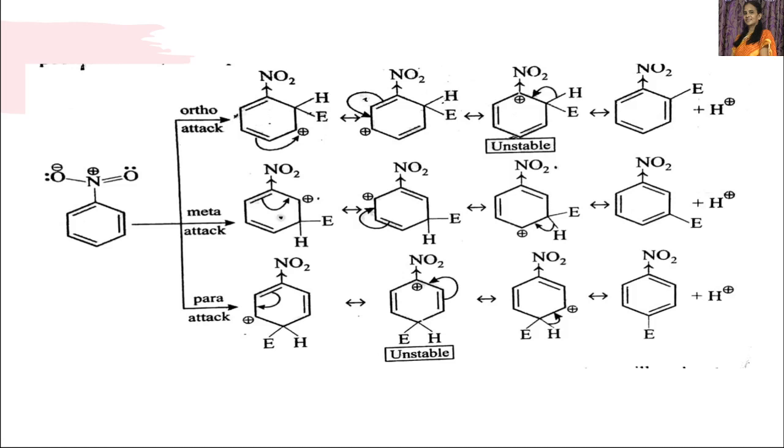In para attack, we come across an unstable structure, and in ortho attack also. Such an unstable structure is not present in the meta attack. Finally, this sigma complex loses a proton to the other part of the reagent to form the final product as the para disubstituted product.